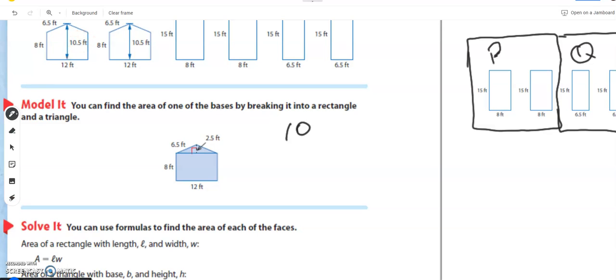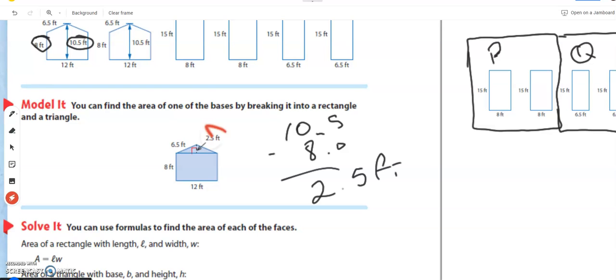So if you take 10.5 feet and subtract this 8 feet, which is the height of the side of the building, minus 8 feet, you end up with 2.5 feet. That is where we get this 2.5 feet from.